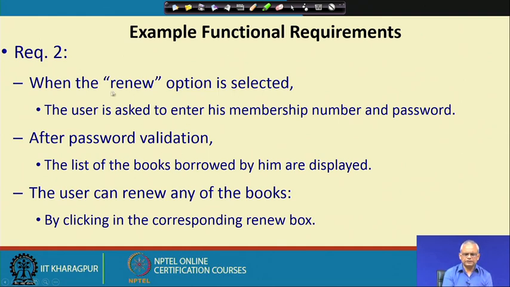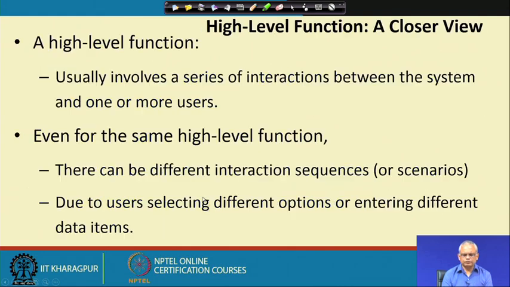Initially the renew option is selected by the user, and the computer asks the user to enter the membership number and password, and after password validation the books borrowed by him are displayed, and then the user can renew the book by clicking the corresponding renew box.